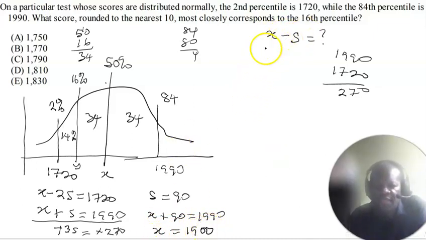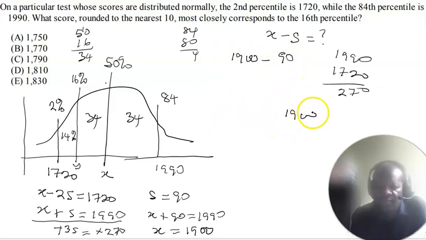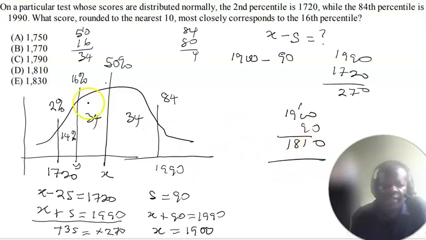And we are looking for x minus s. So since x is 1900 minus standard deviation, which is 90, 1900 minus 90 will give us 1810. So our answer is 1810.